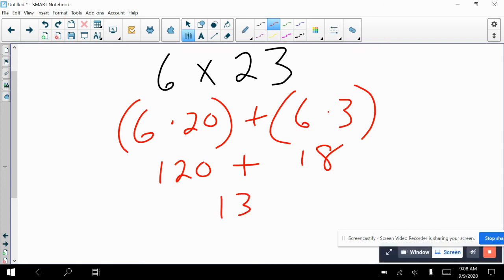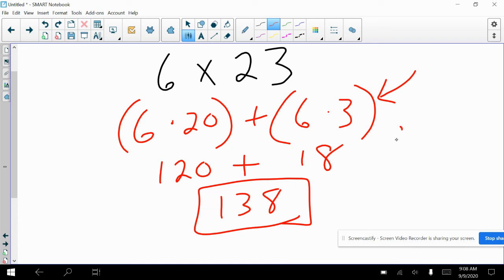And now we arrive at our final answer of 138. We broke the numbers apart. We put them back together. Does that make sense? Okay. All right. That's it for the distributive property.